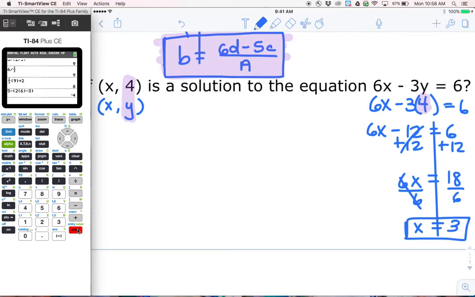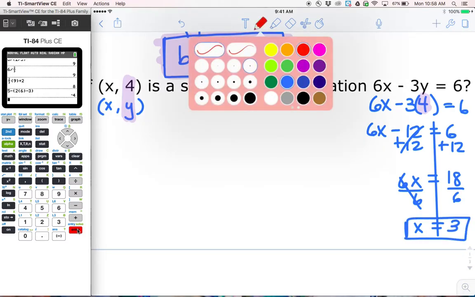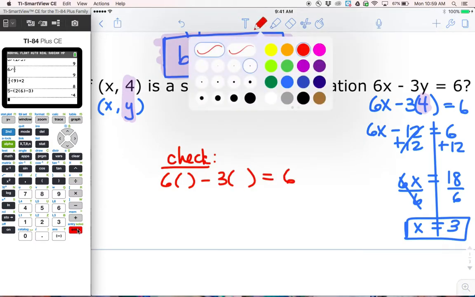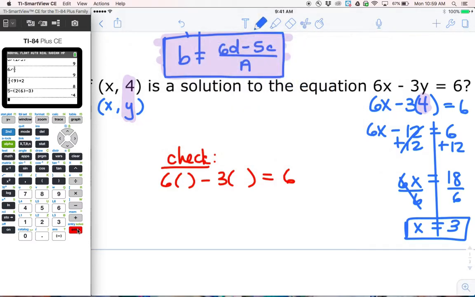Now, there's a really quick way to check these. Please don't skip this step, right? Especially when you take your retest. We've got 6x minus 3y is equal to 6. Now, I was told that the y value is 4, and I think the x value is 3. So we're going to put this in our calculator, and we're going to hope that we get 6.